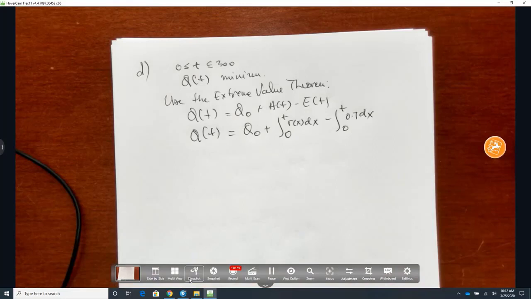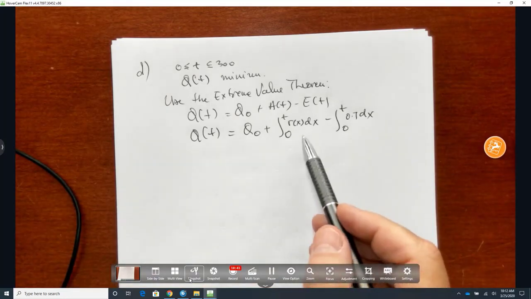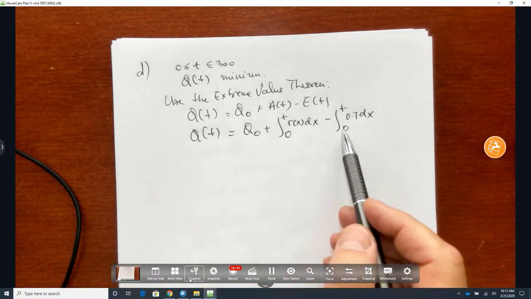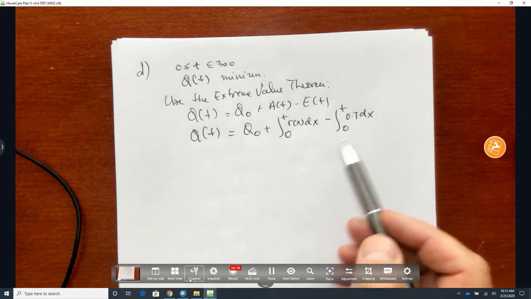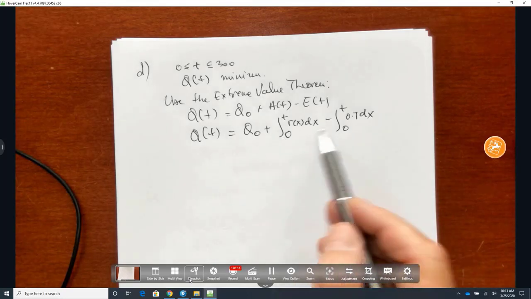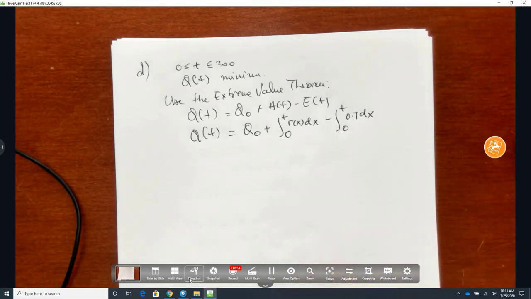We can see that both this equation A of t and E of t are continuous functions, and they are differentiable, and therefore it means that I can use the extreme value theorem on the closed interval 0, 300. I have to check out at the ends of the interval and at the critical points of this function.